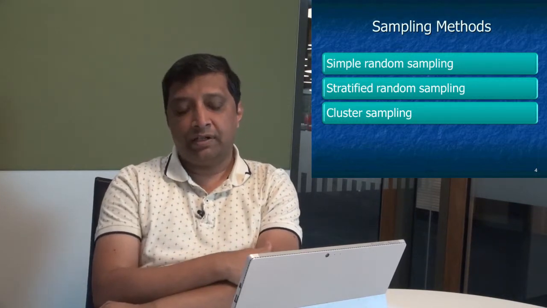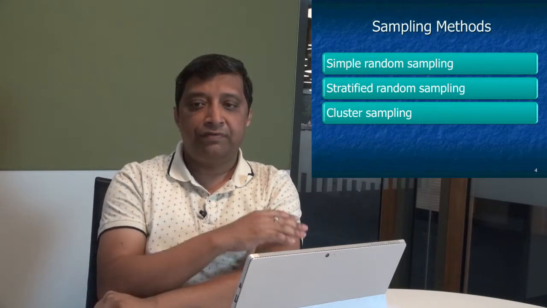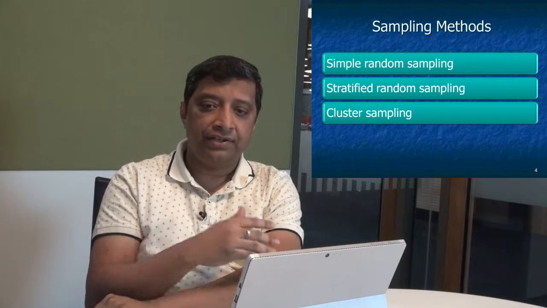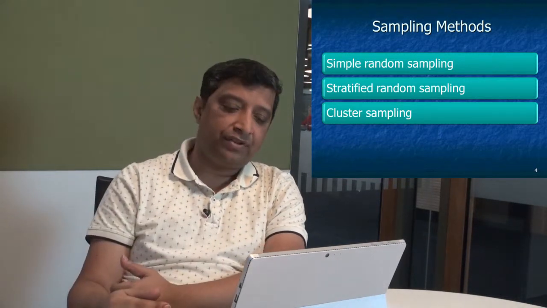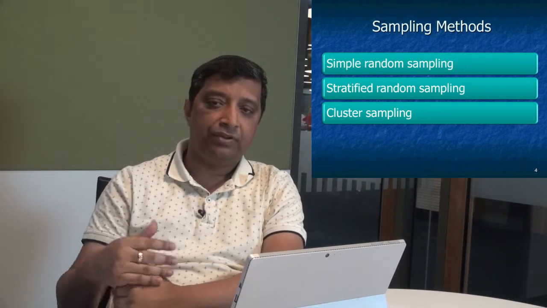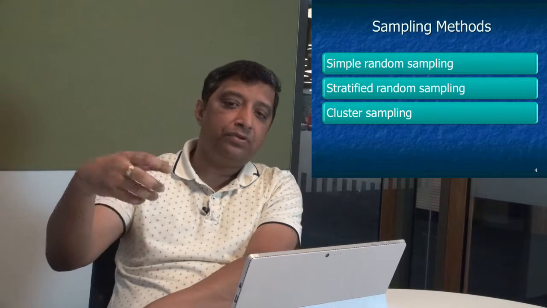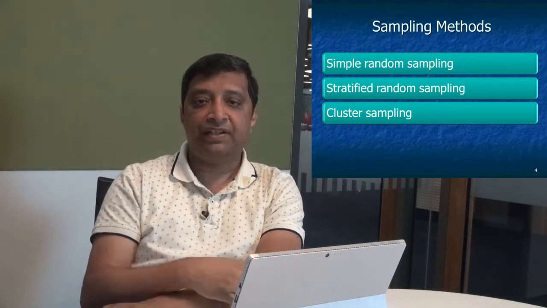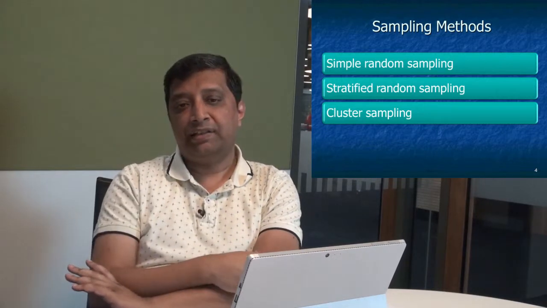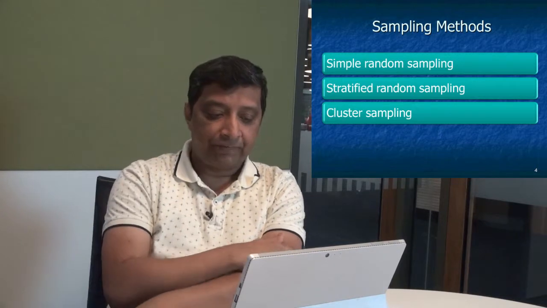So you may segment your customers into different age categories or income categories. And if you think, let's say, that your customers are mostly in the age range of 30 to 45, then you may pick more of your sample from that particular segment. So you basically segment your customer base, and then within each segment you randomly do some sampling.